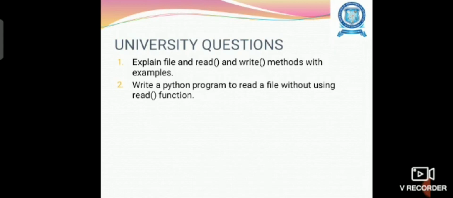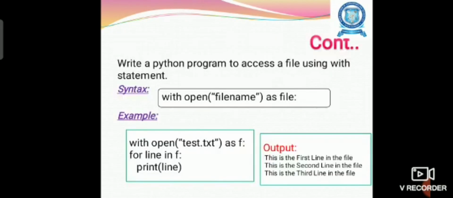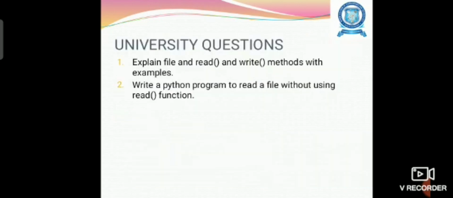We have to write the source code example for read and write operations. You can write your own examples. Also, one more possible question is: program to read a file without using the read function. For that we have to explain how the for loop can be used to retrieve the lines from the file.